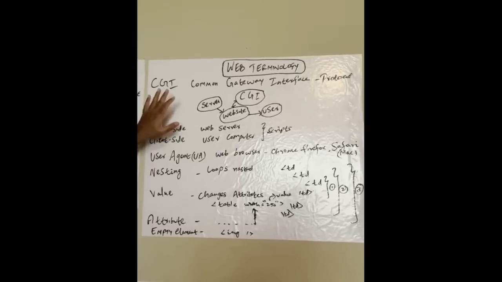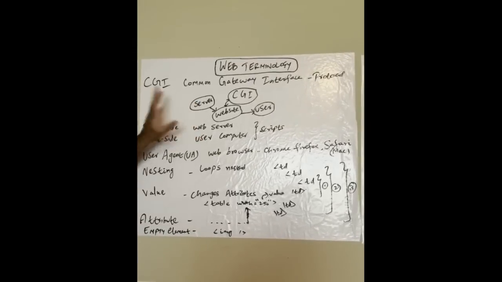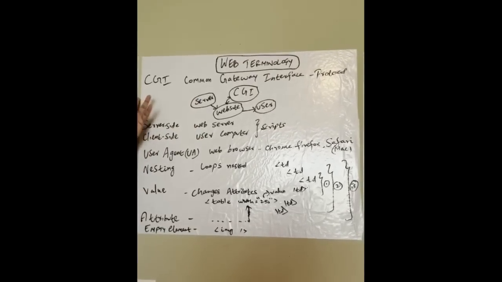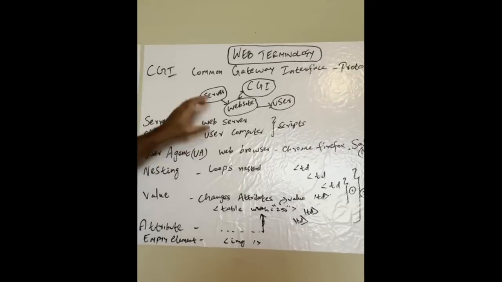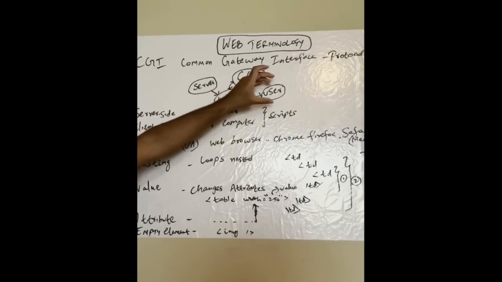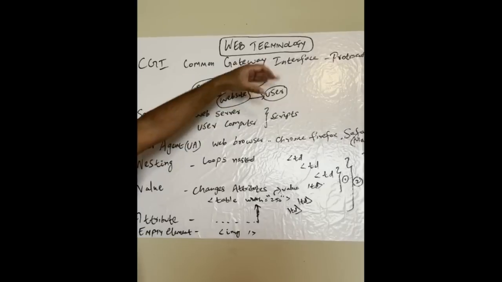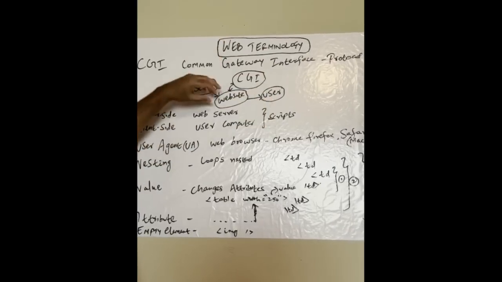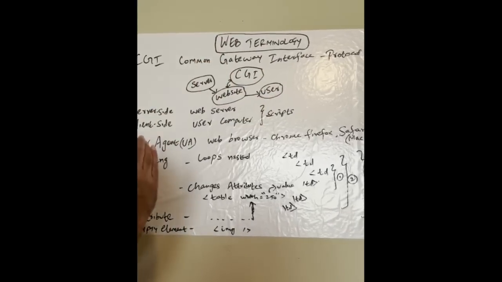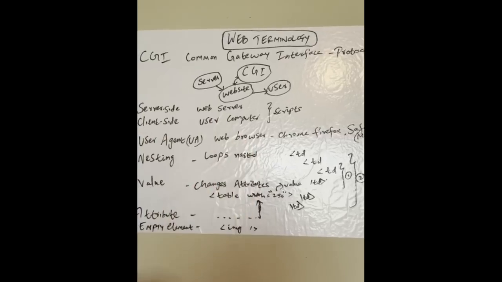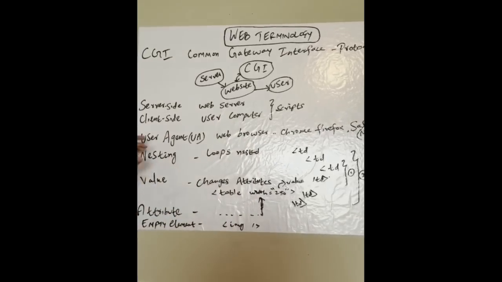CGI is very common. Common Gateway Interface. It's a protocol. Protocol is like a definition for a document. So there is the server, and there is the user, like a retail web server. A lot of clients will be there. Each is a browser. And the CGI is like an interface between the server and the client. It regulates all the code.